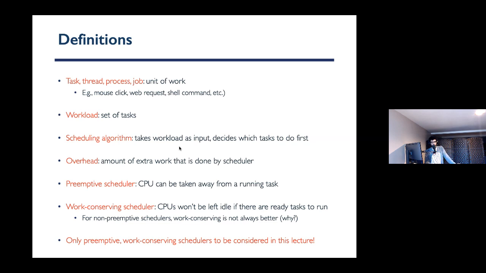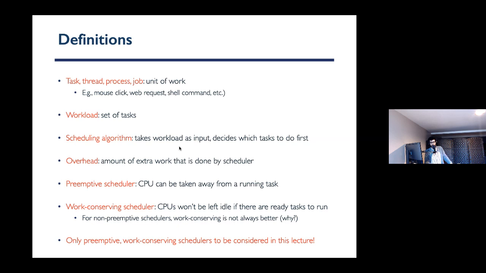Preemptive schedulers are schedulers that can preempt a running task. You can pause whichever task is running and then context switch. Work conserving schedulers are schedulers that don't waste CPU time. So if the CPU is idle, they use the CPU. Now you might say, okay, why wouldn't I do that?